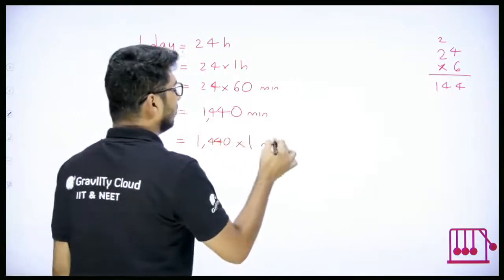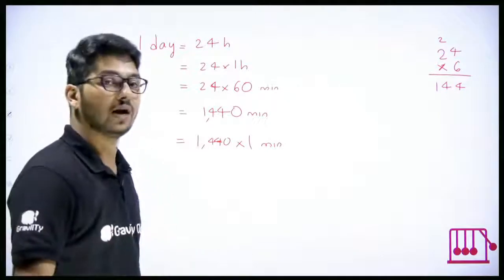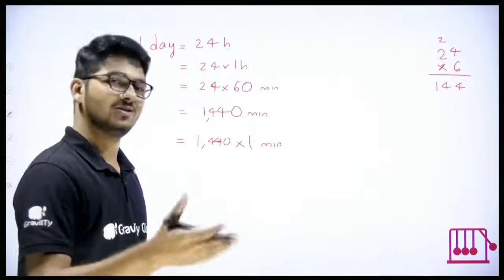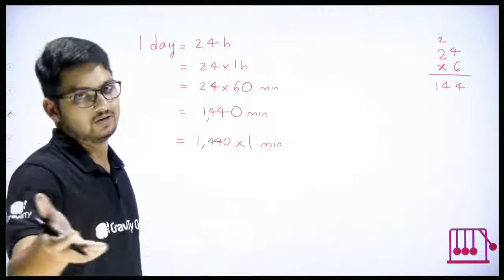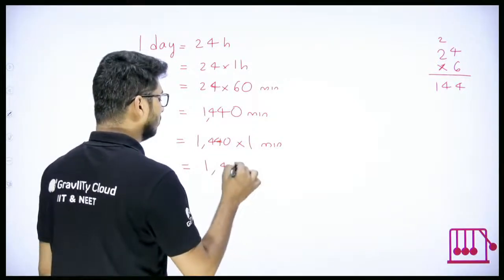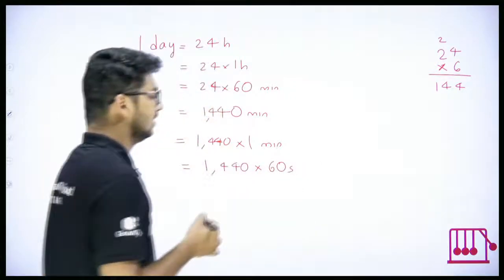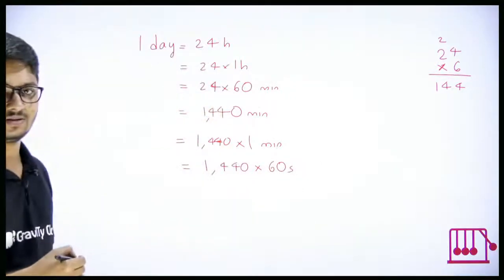Then again, this I can write as 1440 into 1 minute. 1440 into 1 is equal to 1440. The same. But what is 1 minute equal to? 1 minute is equal to 60 seconds.